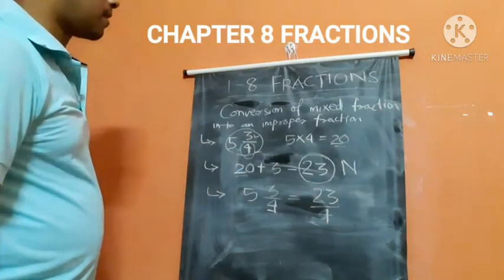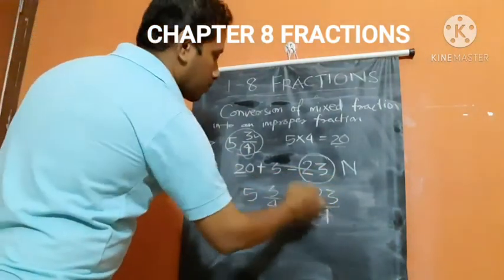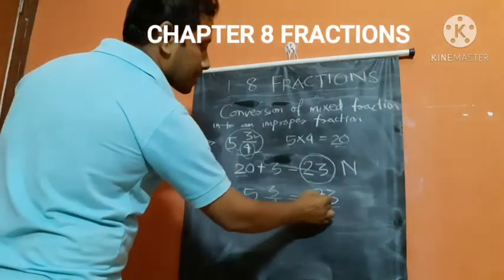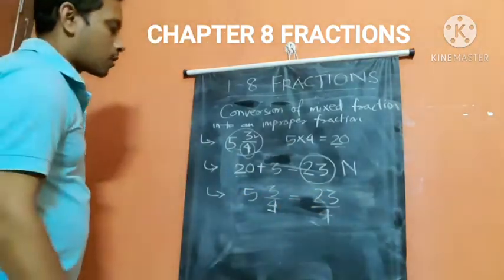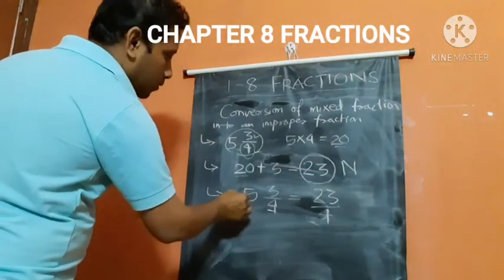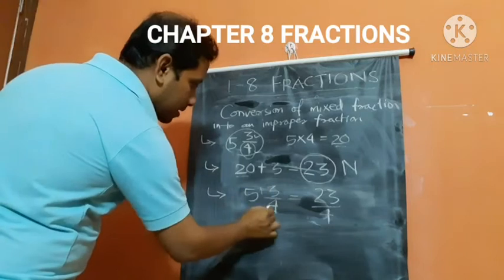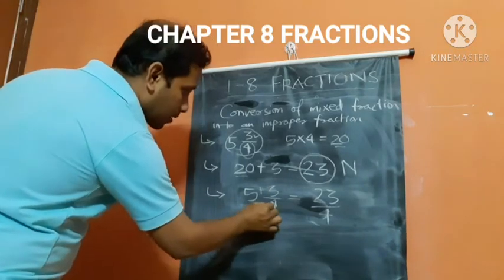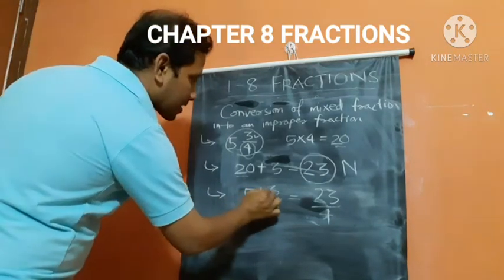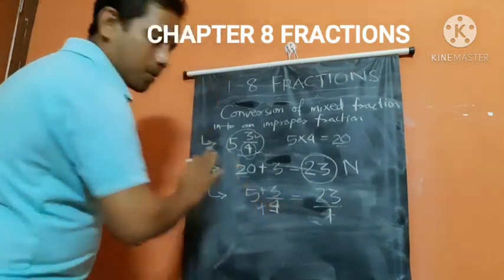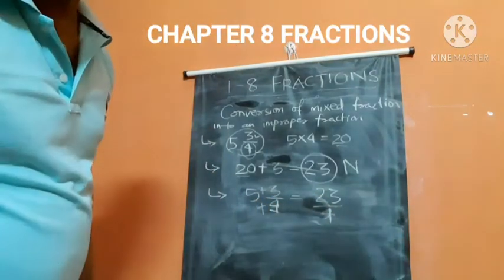So 5 3 by 4 gives us 23 by 4. How? 4 into 5 is 20, plus 3 is equal to 23, and the denominator 4 stays as it is. Got it?